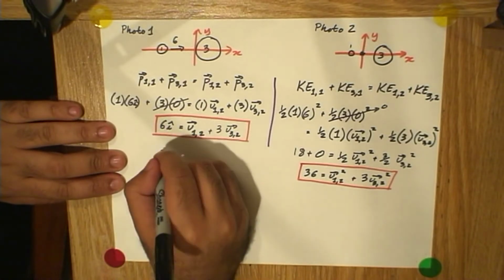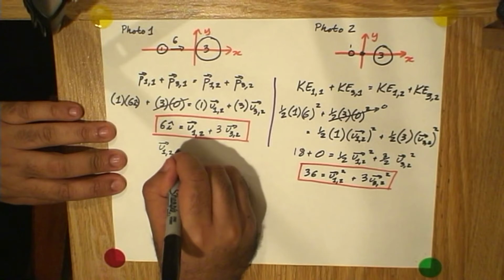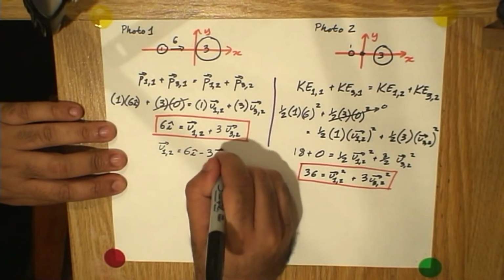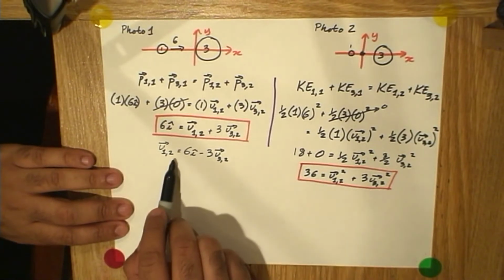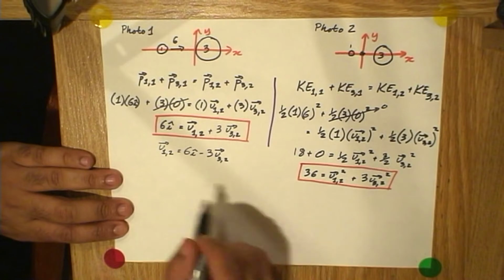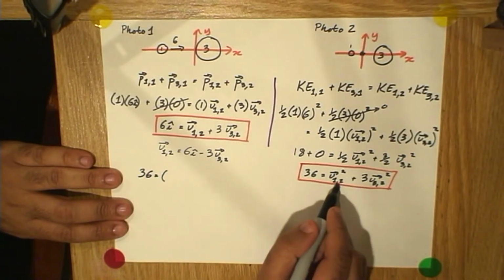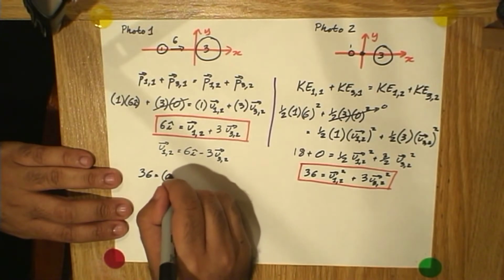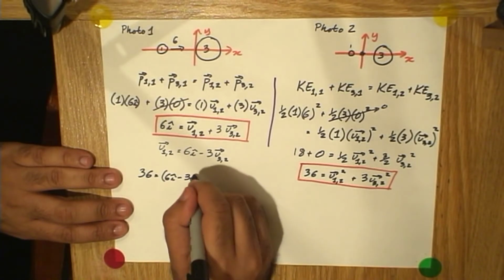This equation can be rewritten as the velocity of the 1 kilogram in photo 2 is equal to 6 i hat minus 3 times the velocity of the 3 kilogram in photo 2. We are now going to substitute this into this equation over here. 36 is equal to V of the 1 kilogram in photo 2 squared, but we already know that that's equal to 6 i hat minus 3 V of the 3 kilogram in photo 2.